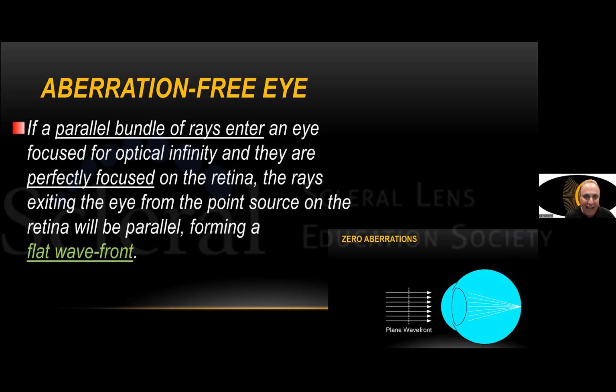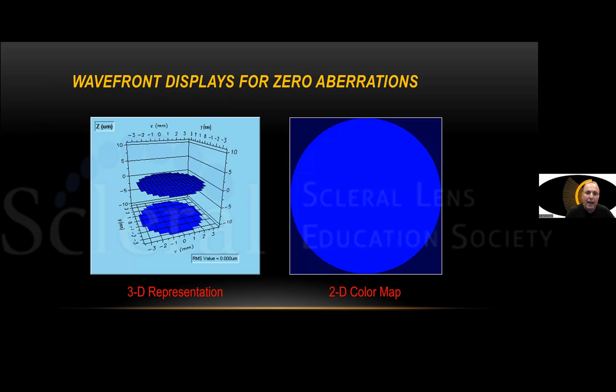Now, this again does not happen clinically. There is no totally aberration-free eye. But if it did, that aberration map would look like a single color, in essence, indicating a flat wavefront. And we know this doesn't exist. The variations from that wavefront will vary according to the degrees of aberration.